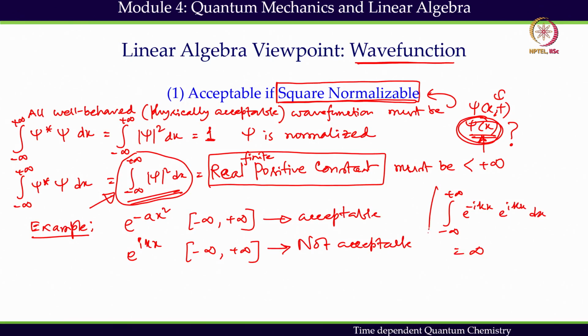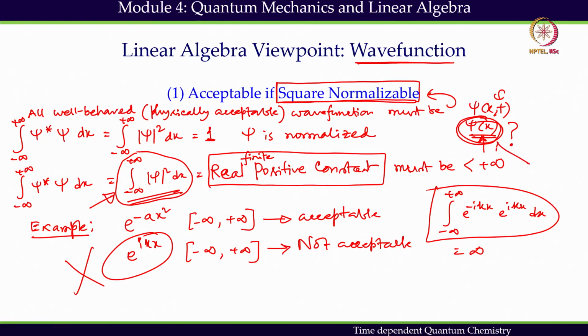Since this integration becomes infinite, this function cannot be used in quantum mechanics. So one thing we have to remember is that I can propose a wave function, but in the end I definitely need to check whether it is acceptable in quantum mechanics, and that can be checked by taking this integration and finding out whether I am getting a real constant positive value.